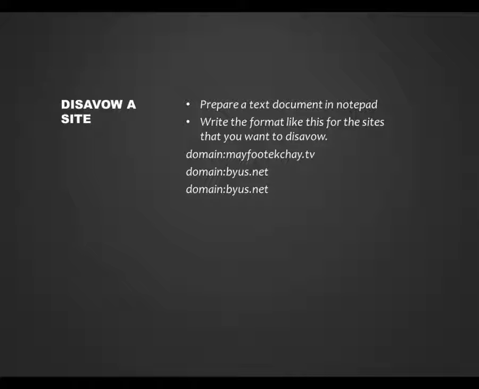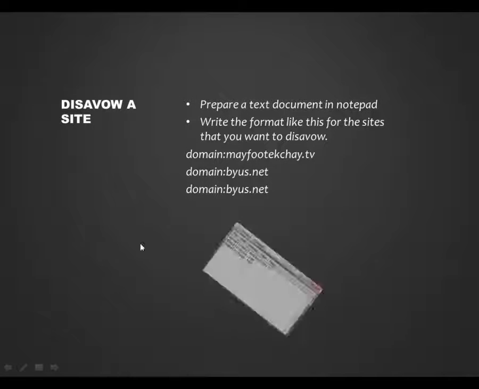Like if my buddy was linking to me and he didn't realize that what he was doing was bad. Maybe he was linking something else. What we want to do is put the exact URL at the end here. Domain: the website/whatever the web page. Okay, so if you don't want to disavow the entire site, you just want to disavow a certain page, you can do that as well.